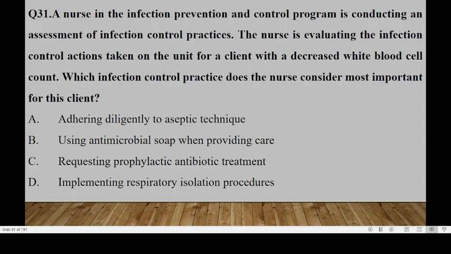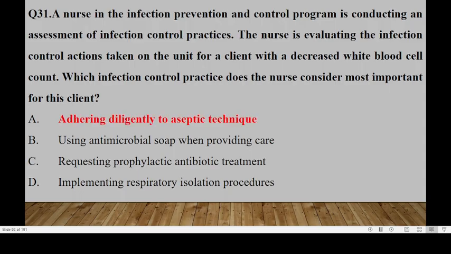A nurse in the infection prevention and control program is conducting an assessment of infection control practices. The nurse is evaluating the infection control action taken on the unit for a client with a decreased white blood cell count. Which infection control practice should the nurse consider most important for this client?